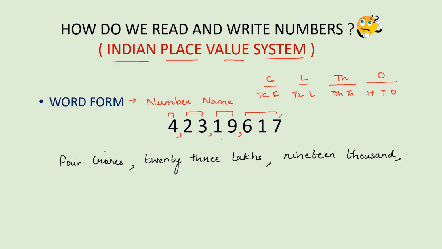Lastly, we come to the group of ones. We do not call it ones, but we write down in terms of places now. 600 and 17. So this is how we write down a number, the numeral in word form.